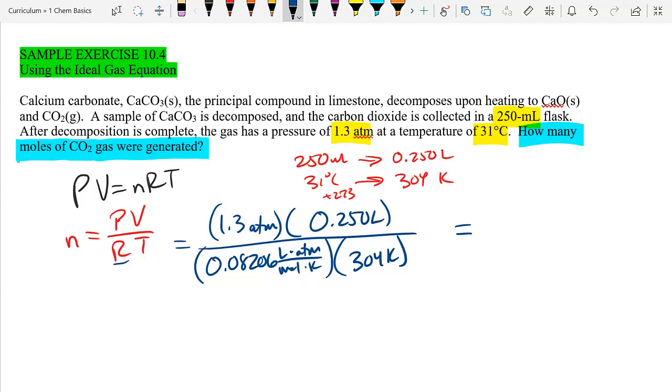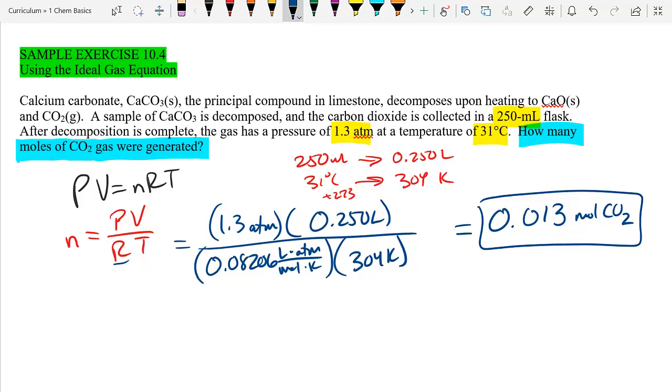Plugging that in, multiplying and dividing, we find our mole value is 0.013 moles of carbon dioxide. So, hope that one makes sense. Go ahead and do the practice exercise for 10.4 now.